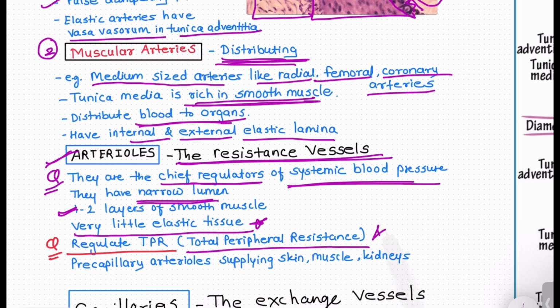So it is an MCQ point that they regulate total peripheral resistance. Precapillary arterioles supply skin, muscle and kidney.